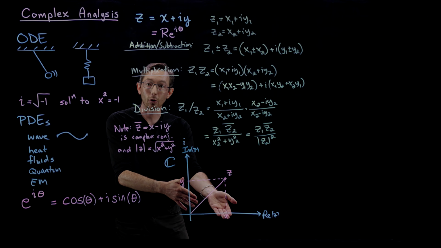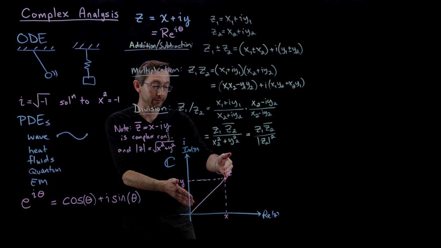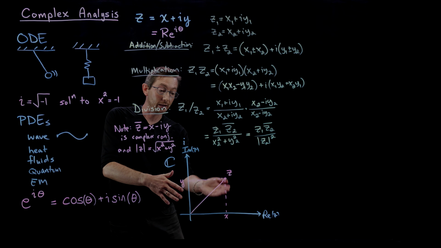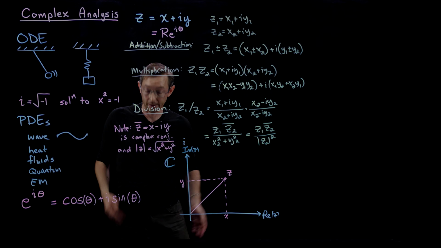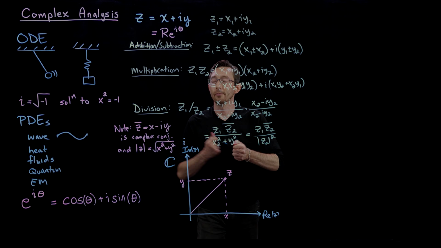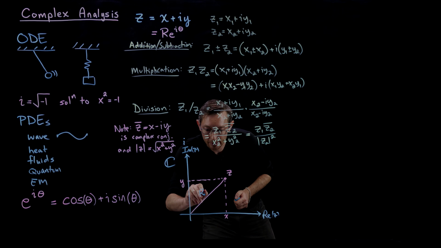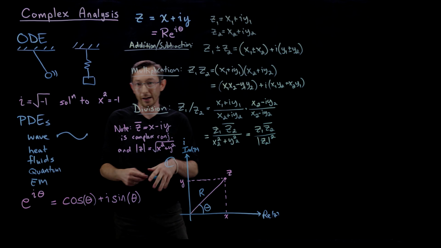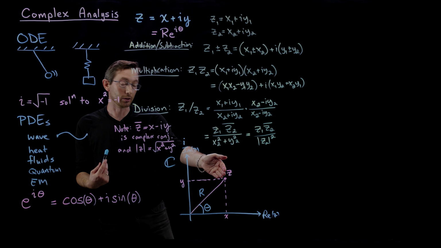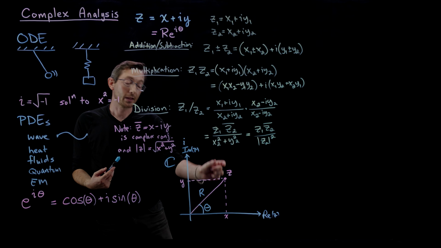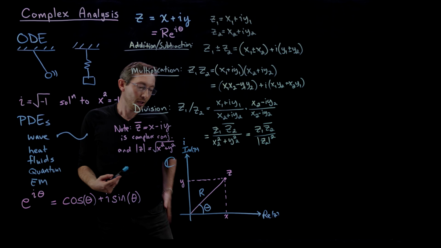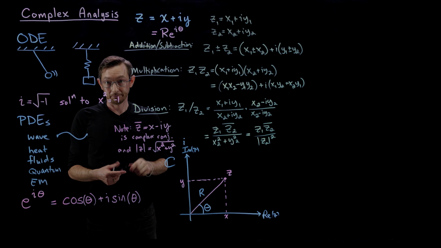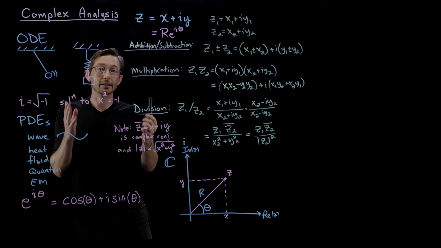Just like I can represent a Cartesian vector x comma y, I can also represent this in terms of a radius r and an angle theta. So I can just as well represent this complex number in terms of a radius and an angle theta. And the way that we write that is r times e to the i theta. I'll explain why this is true in a minute.